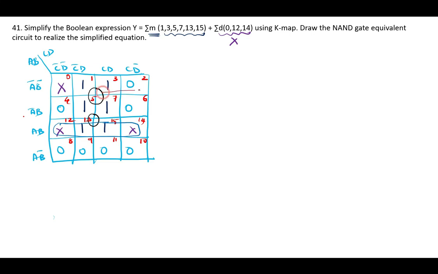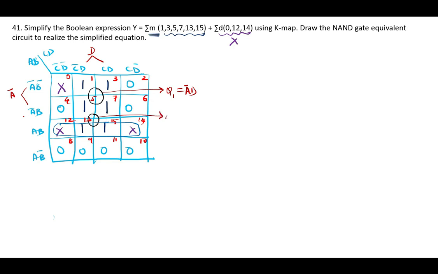For this quad, quad 1, I should see it is between these two rows and these two columns. I should write which is not changing, that is A bar and D. So this quad will be A bar D.